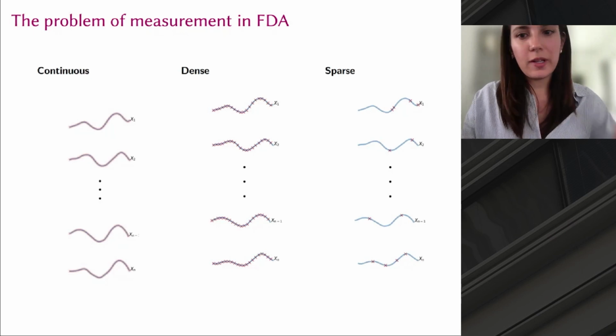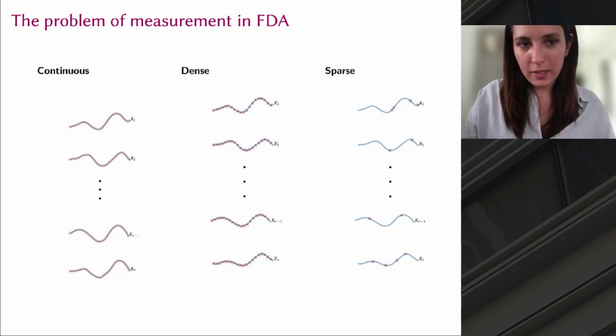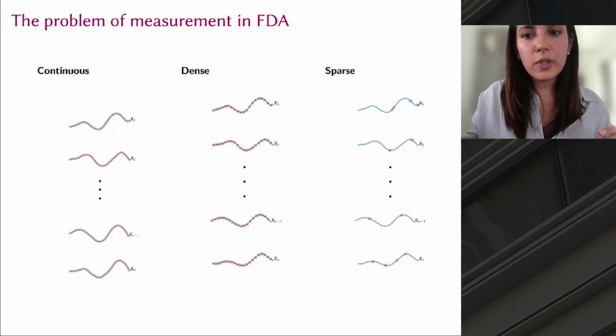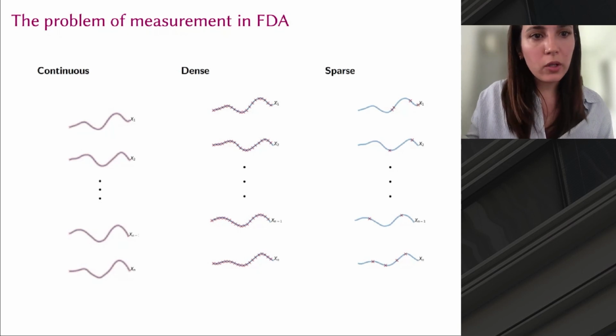But there is another point in which you can have maybe a sparse design. What does it mean for a sparse design? You have observations for every curve observed at some locations which are not on a regular grid.